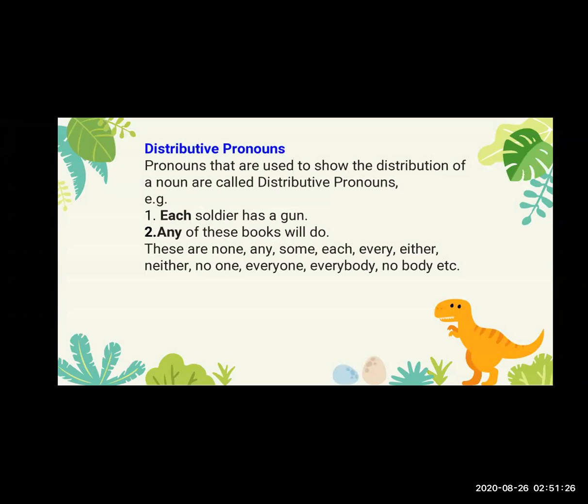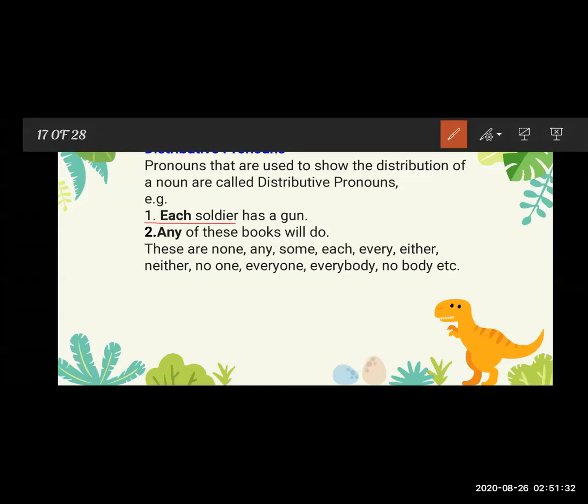Let us see some examples. Each soldier has a gun, meaning every soldier has a gun. Just think, if there are 150 soldiers, then every one of the 150 soldiers has a gun, meaning there is a distribution among the persons.